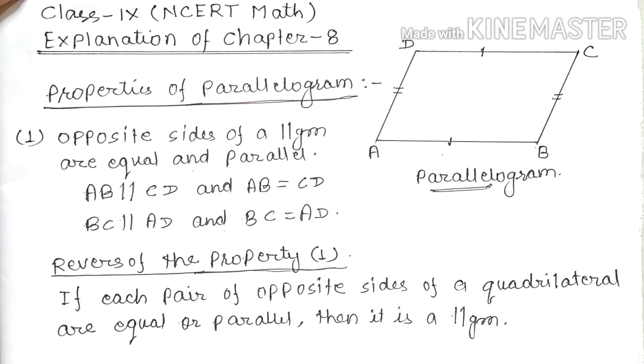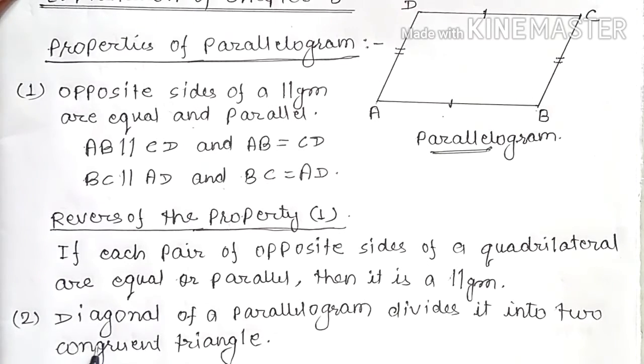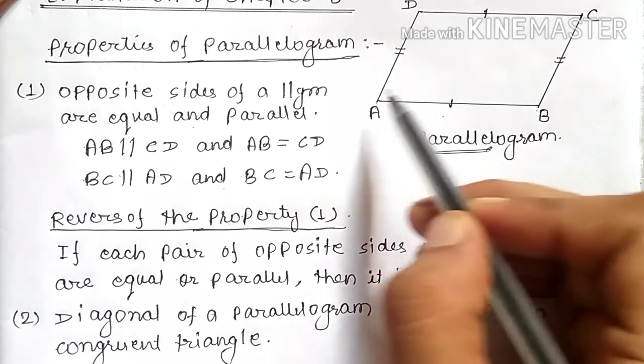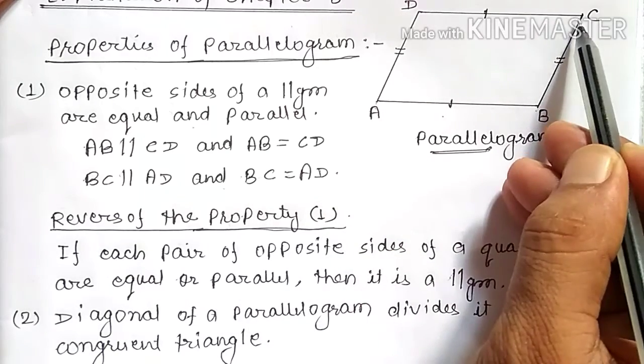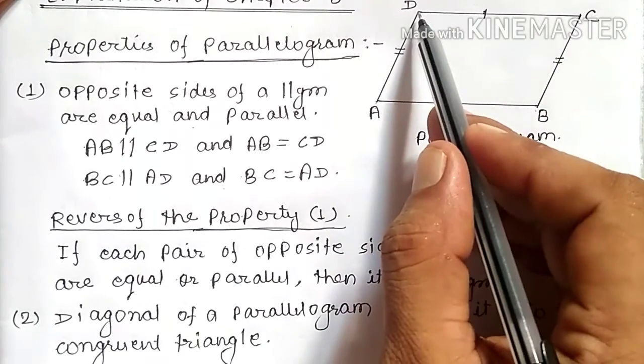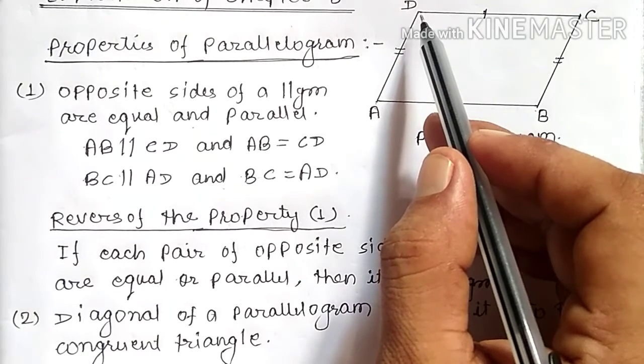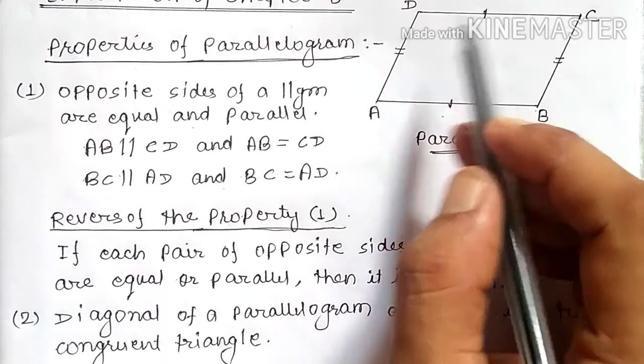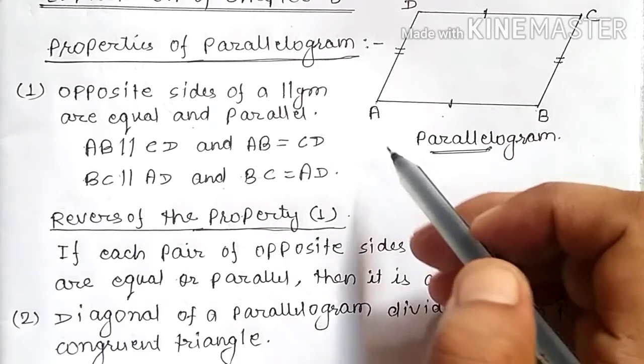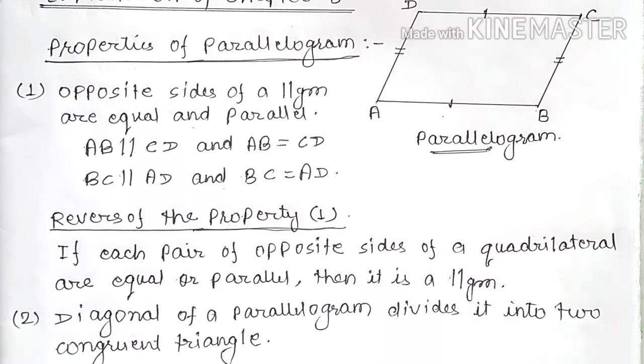Next is the second property of the parallelogram. Diagonals of the parallelogram divide it into two congruent triangles. This is the diagonal, AC is one diagonal and BD is the other diagonal. In a quadrilateral there are two diagonals, so we can say that the diagonal of a parallelogram divides it into two congruent triangles.